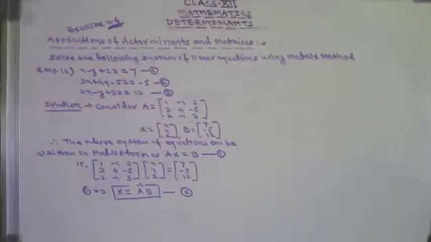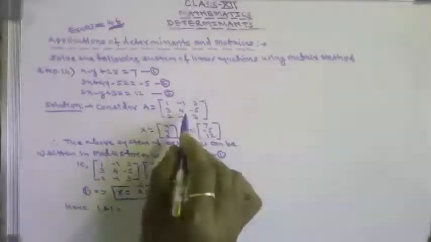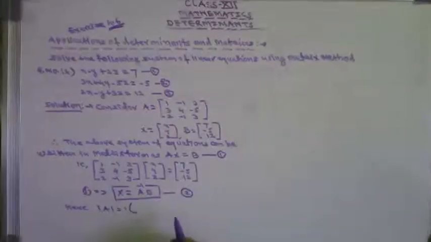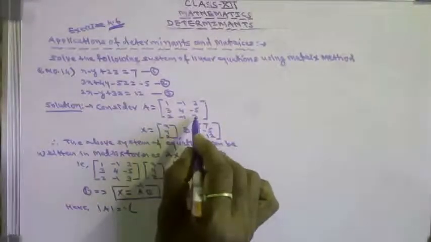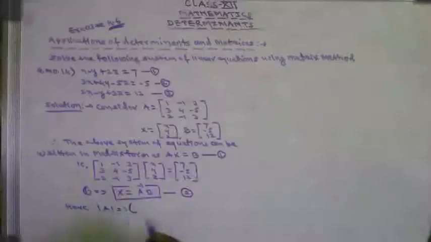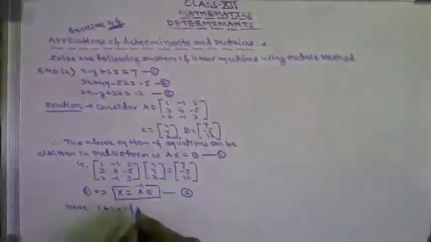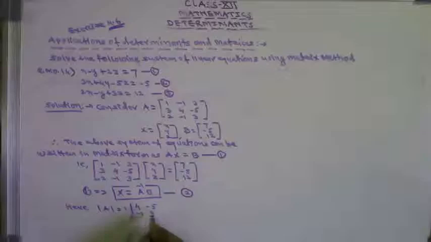So here, find out determinant of A. This will be 1 into the matrix 4 minus 5, minus 1 and 3.